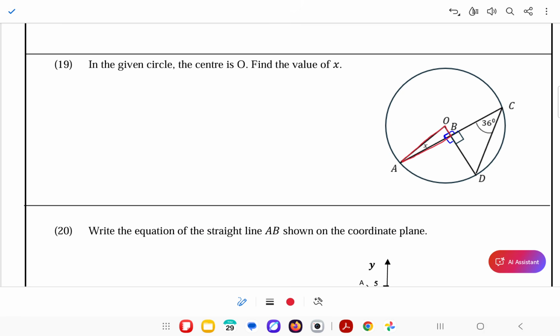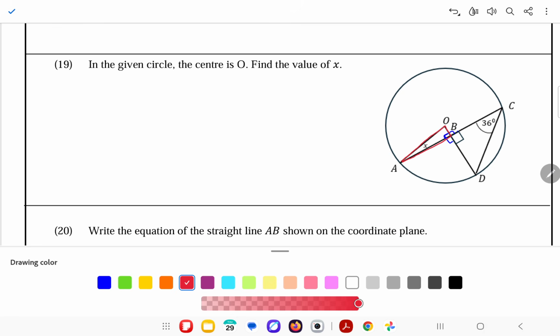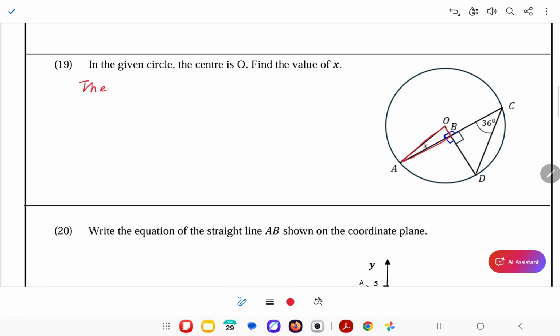For that we can use a circle theorem. What is the circle theorem we can use? The angle at the center is twice the angle at the circumference. We are considering the same section, the AD section.